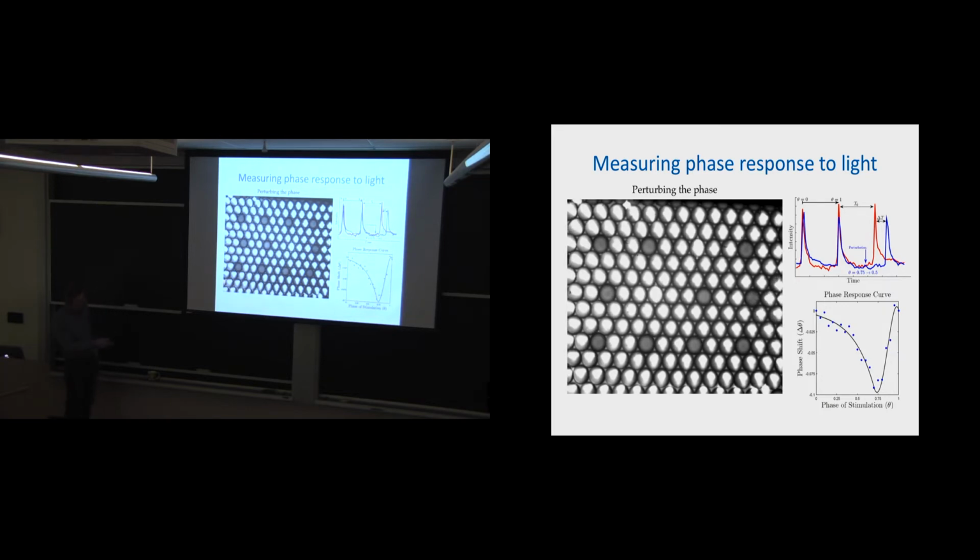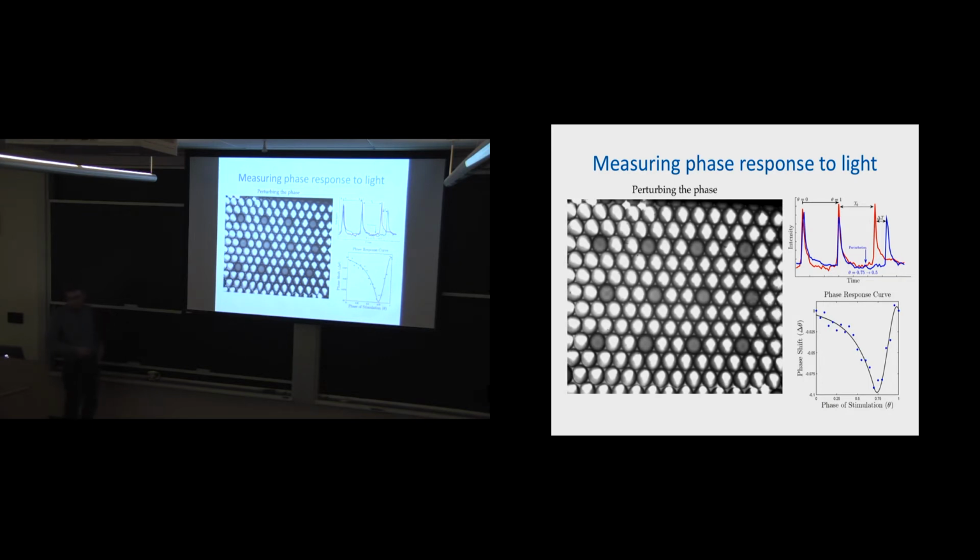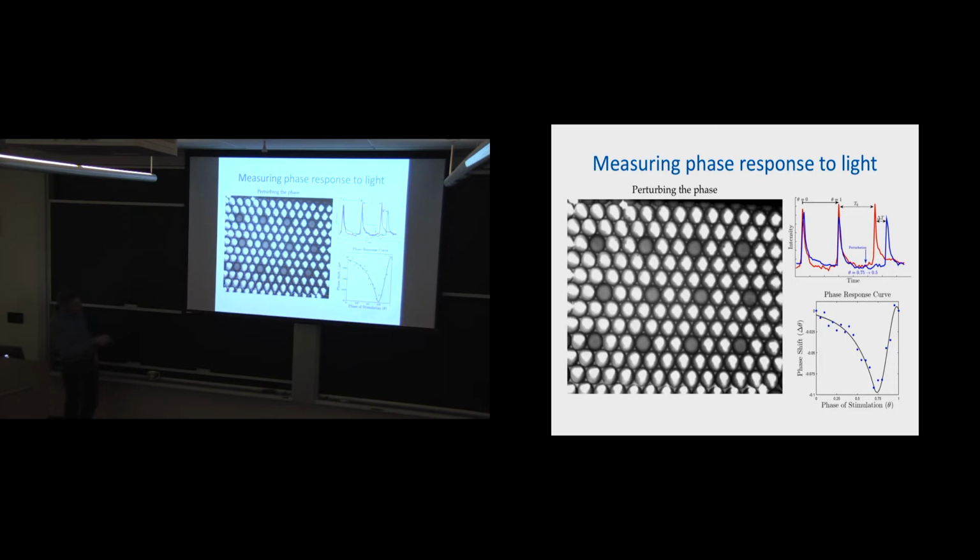And so there's a refractory period. In the first half of the period, you're insensitive to the perturbation. In the second half of the period, you're very, very sensitive to the perturbation. And this light pulse is only inhibitory, because the light couples to the inhibitory mechanism. So we can measure this phase response curve.